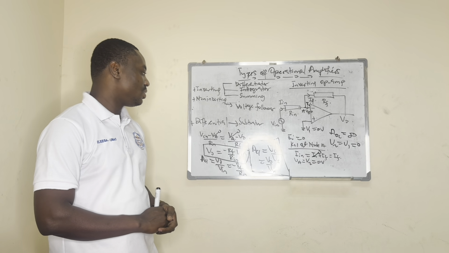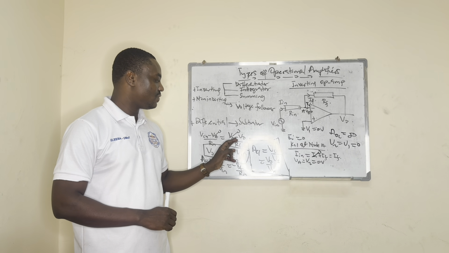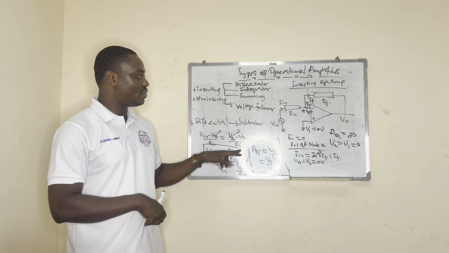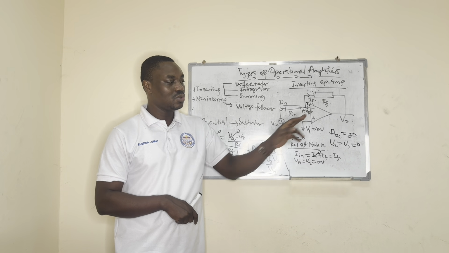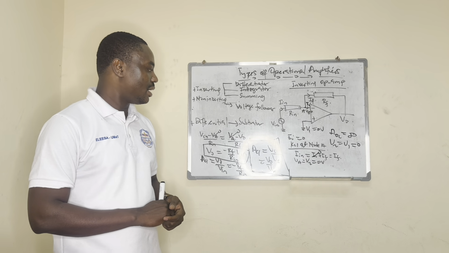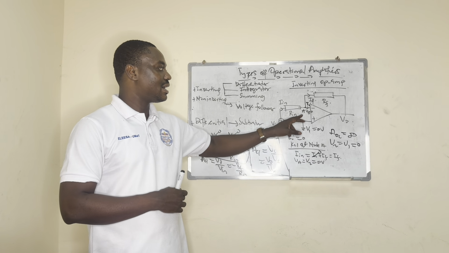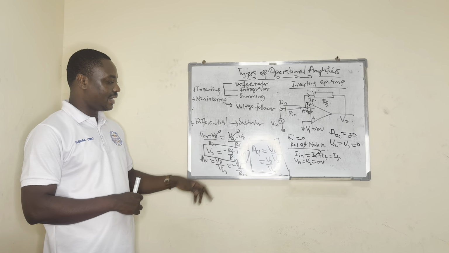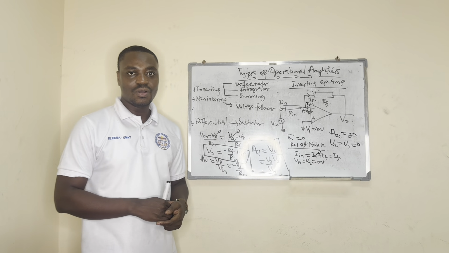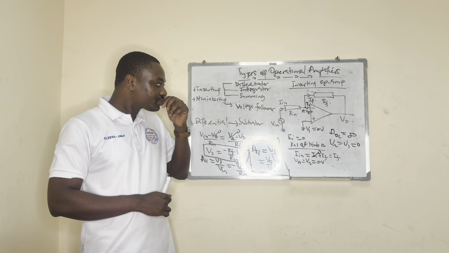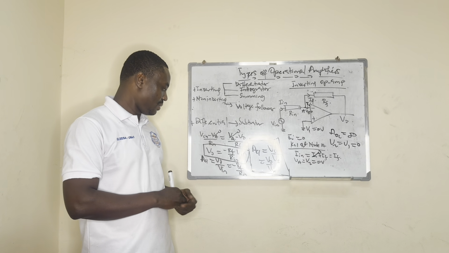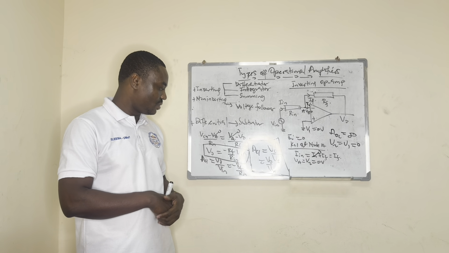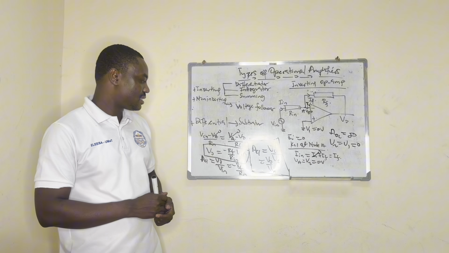So VO here is a lower potential. So we get VA minus VO over the resistor between both voltages, which is RF. So we have VA minus VO over RF. So we make the output voltage the subject of the formula, and we get VO equals minus RF over Rin times V in.